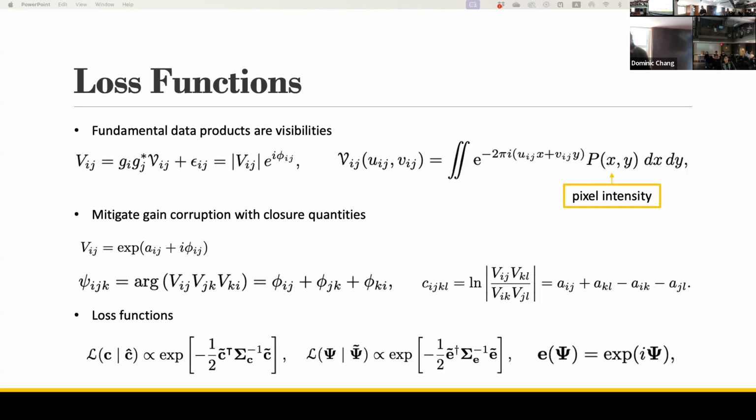When you do an observation with a telescope, you can get errors. For example, a translation in pixel space: say you look at the image and you translate it, when you Fourier transform, that's just a change in phase in visibility space.